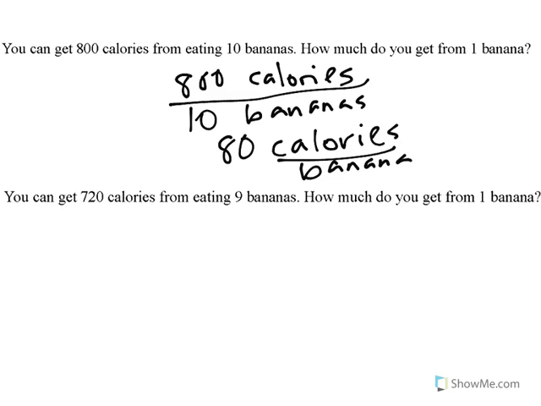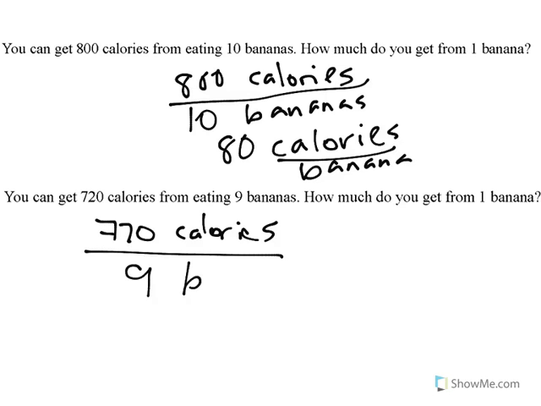Okay, so 720 calories divided by 9 bananas. 720 divided by 9 is 80 calories per banana.